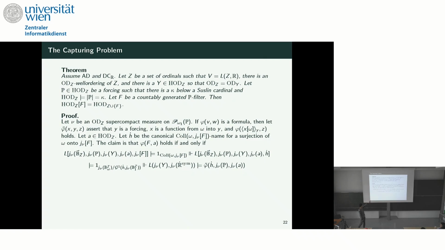So using h dot, I can derive its canonical filter consisting of all the infinity Borel codes that H lands into, and take the remainder forcing of that. It is forced that Ljy of J of the symmetric real model satisfies phi tilde of H, J of P, J of A. This is some consequence of, ultimately, Woodin's theorem.